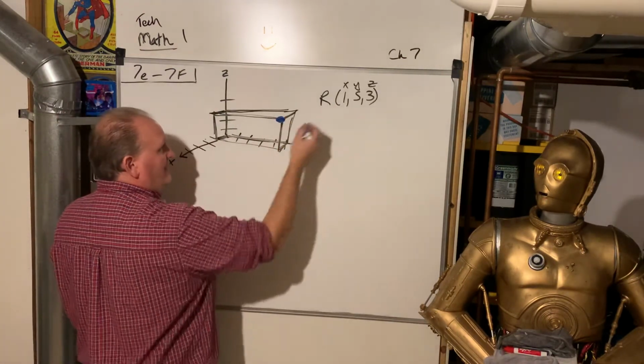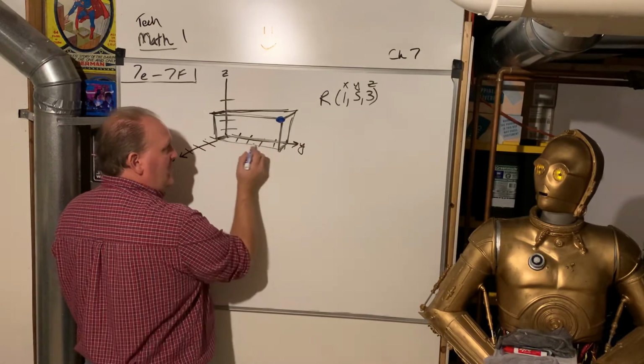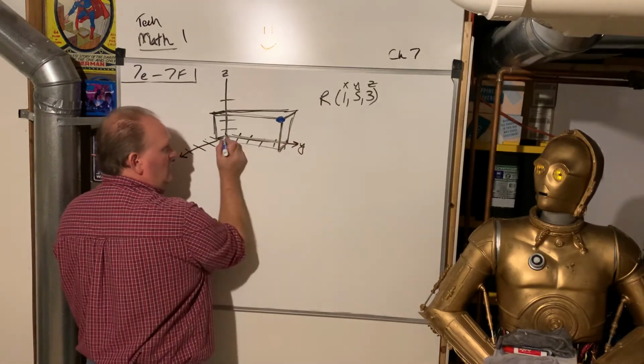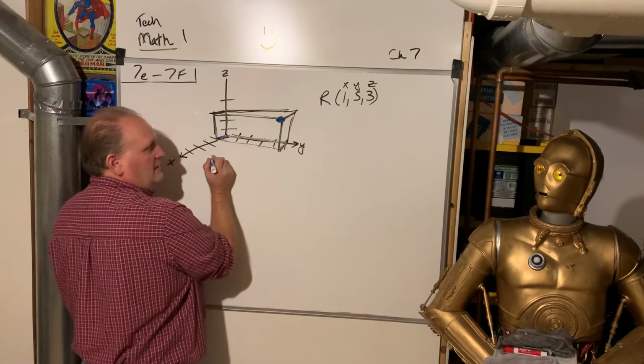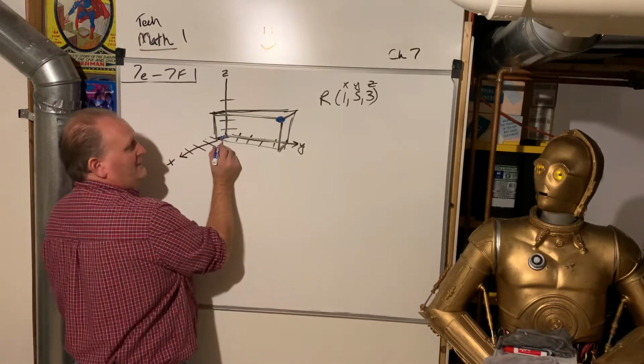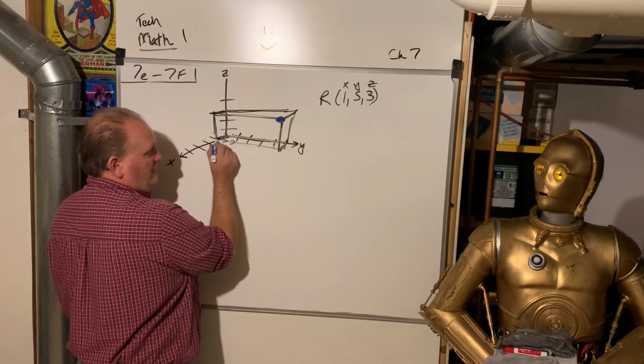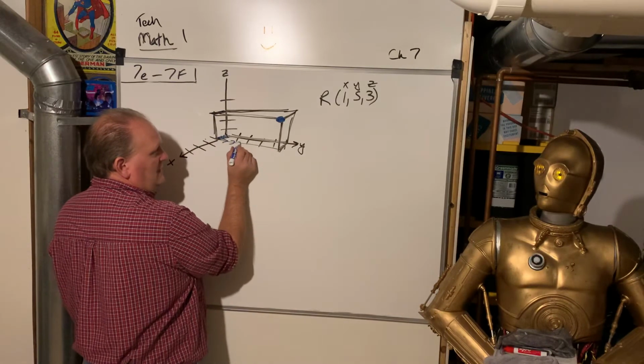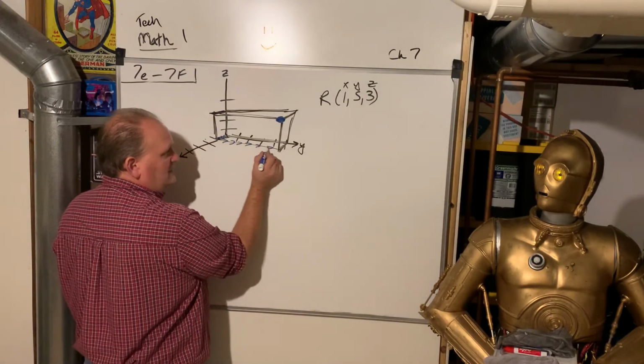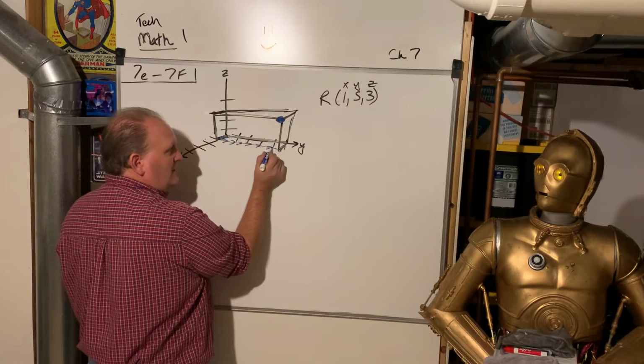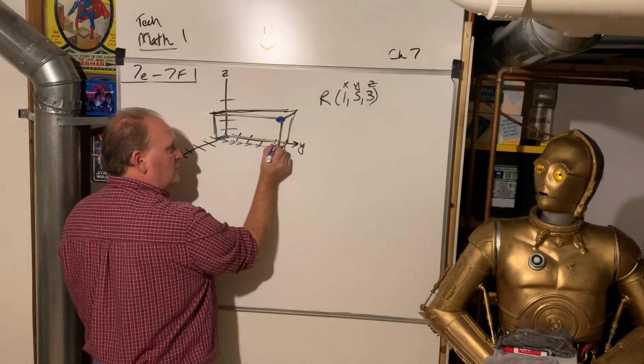So now look, if I follow it like a pattern, X was 1, so I went out here 1. Y was 5, so I went to the right. From that point, from here, I turned a hard right and went over 5 spots that way. And then from that corner, I went 3 up.